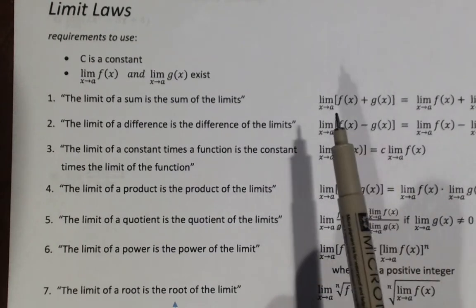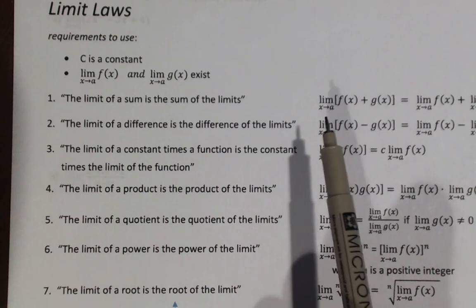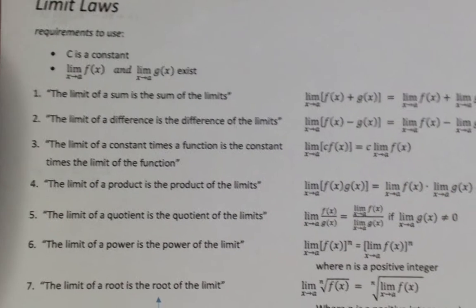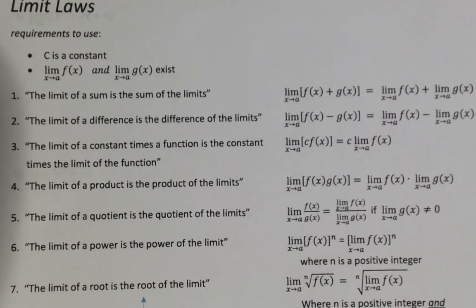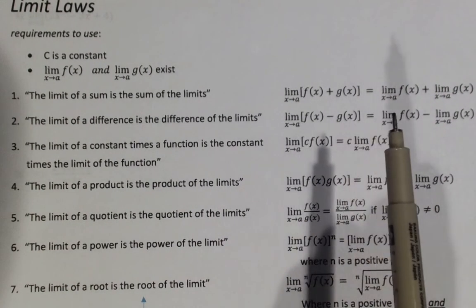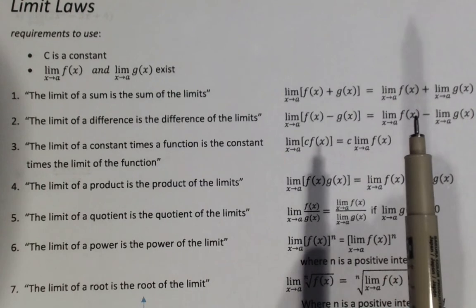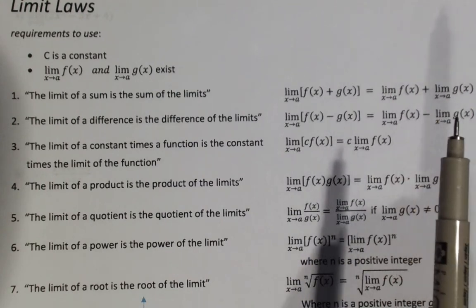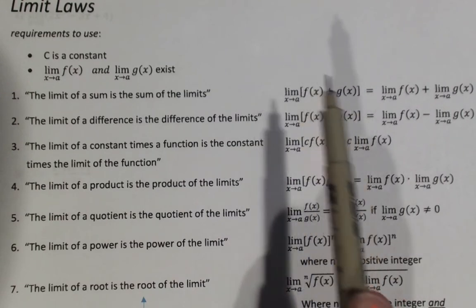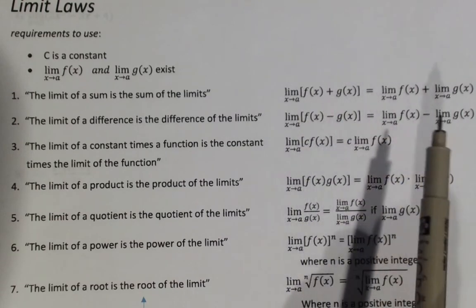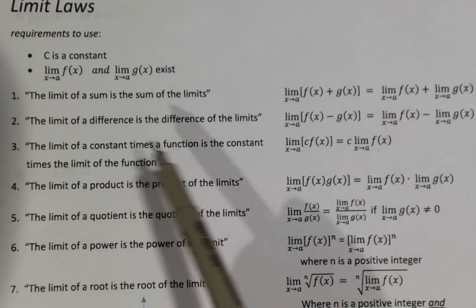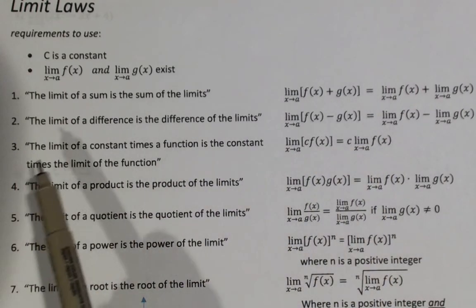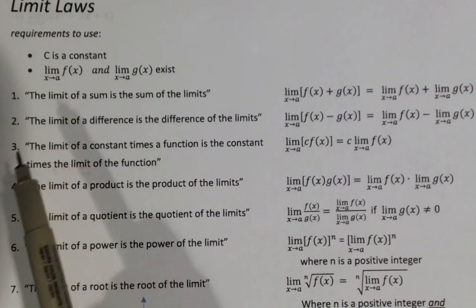So if I'm asking for the limit as x approaches a of f of x plus g of x, I could say that's the limit as x approaches a of f of x plus the limit as x approaches a of g of x. So if I have the sum of 2, I could split it into 2 different limits. The same goes with the difference. Okay, so that's limit law 2.